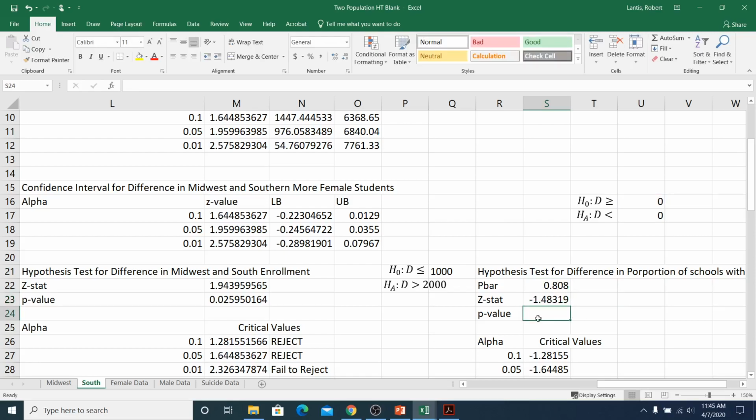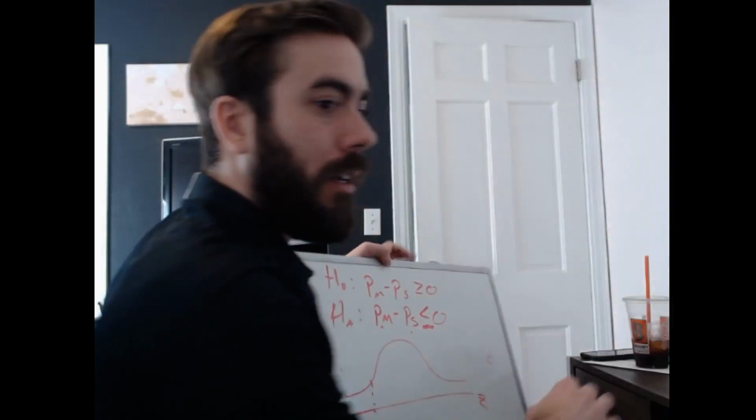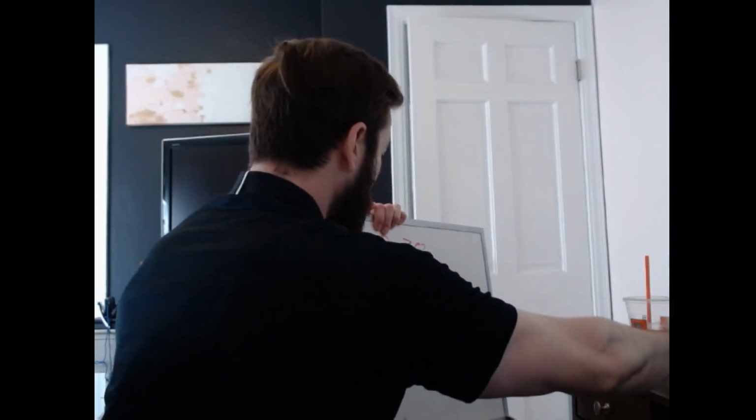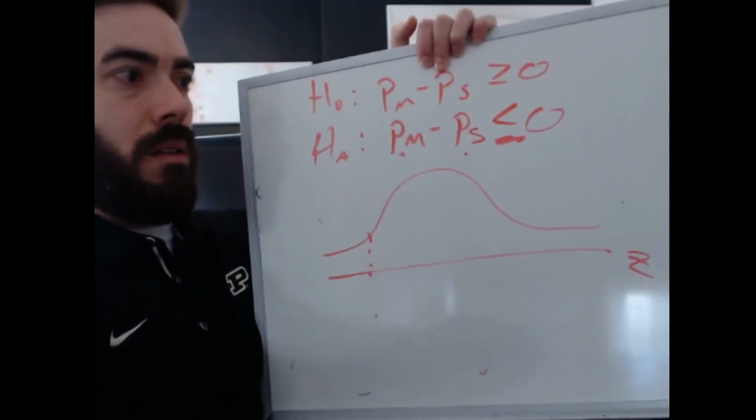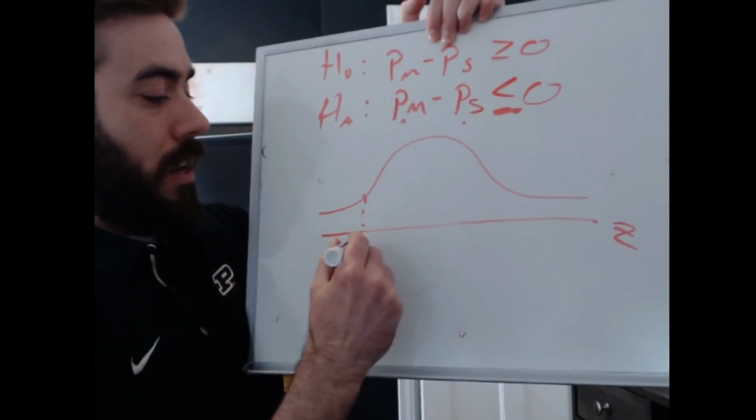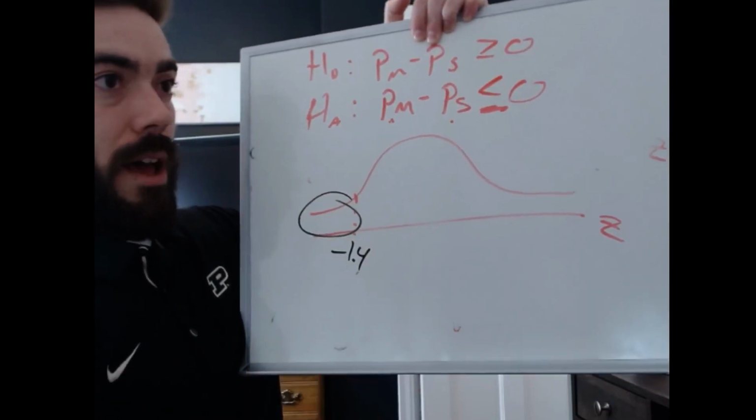Okay. So I then say, what would my p-value be? Well, for a left-tailed test, the area that's more extreme than my test statistic will be the area to the left, right? We've got our test statistic of about negative 1.4. We want the area to the left.